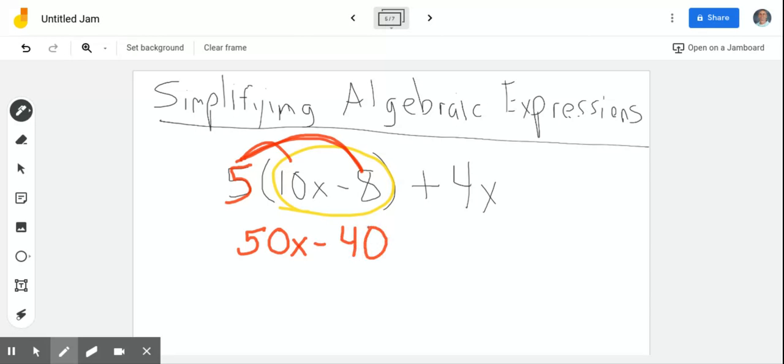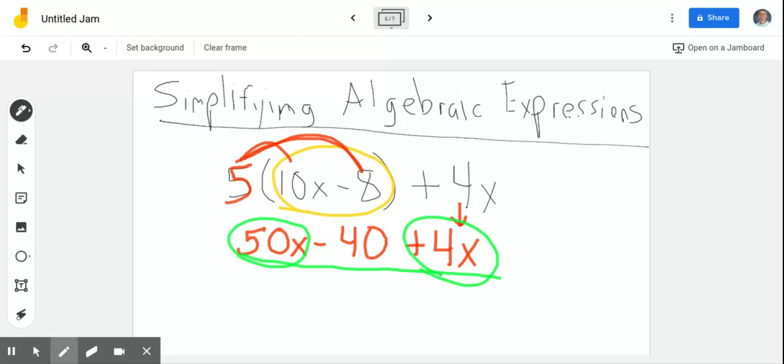Okay, this plus 4x is out here on an island by itself. So just bring it down because it's not touching the parentheses. We'll mess with it later. Now, look at what we have. Do we have 50x minus 40 plus 4x? Do we have any like terms we can combine? Yes, we got 50x, we got a 4x.